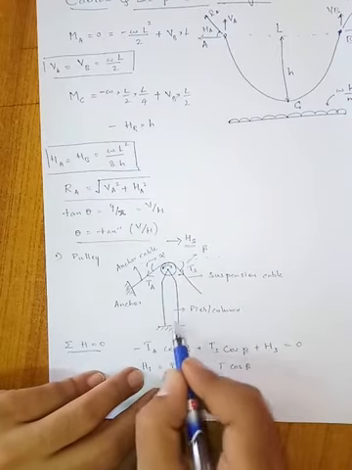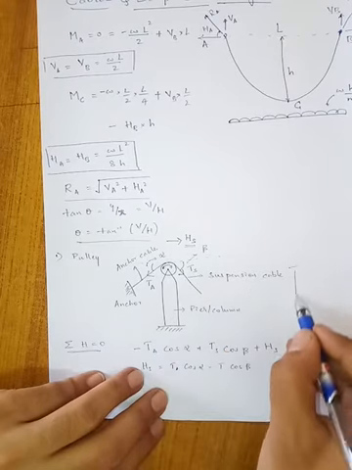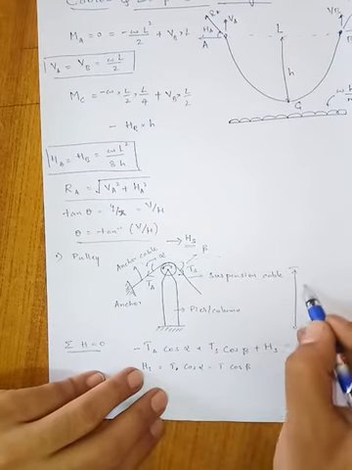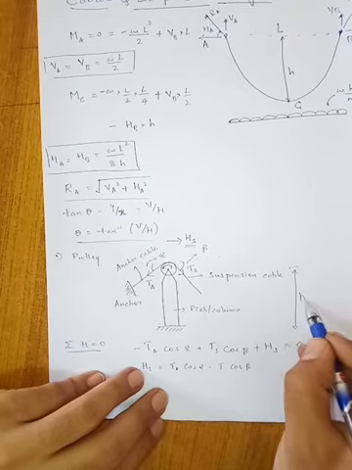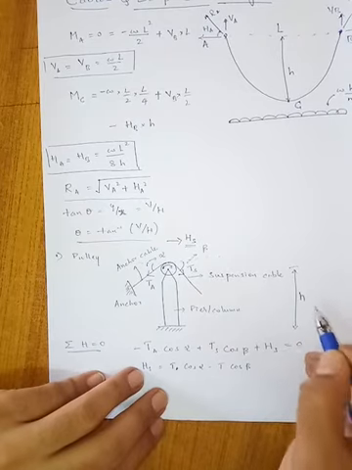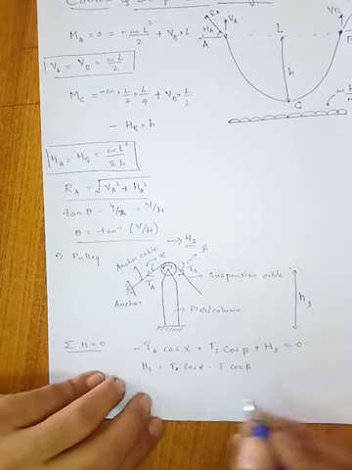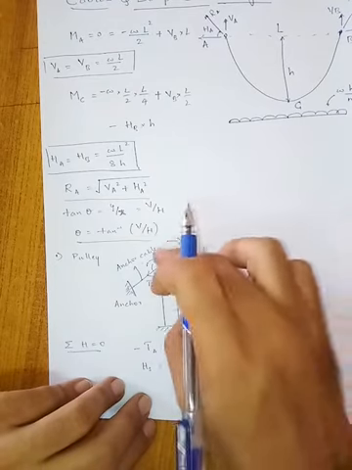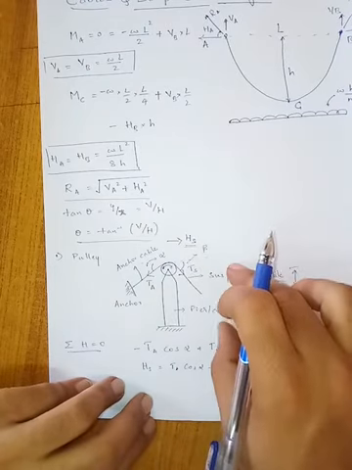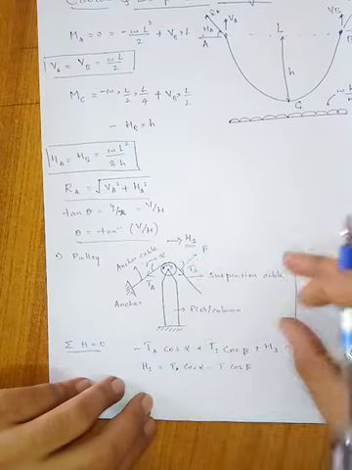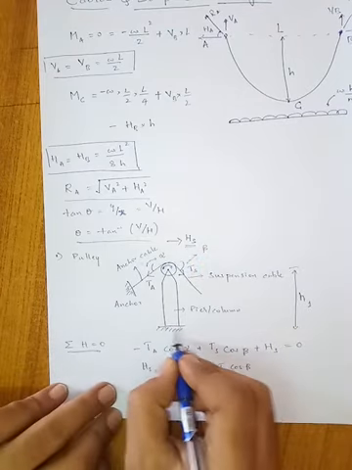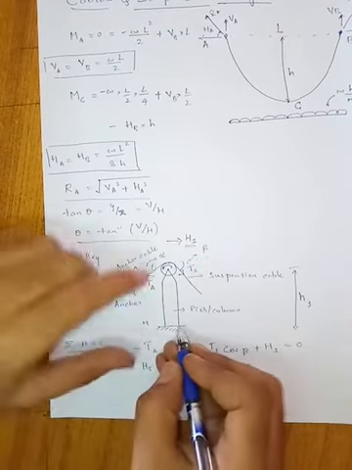Now since there is a horizontal support reaction at this pulley, suppose this has a column of height, I'll call this column height H1. Since this has a horizontal support reaction as well as a certain height, it will generate some moment at the base of the column.